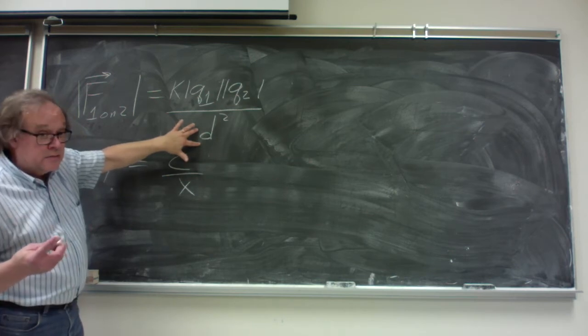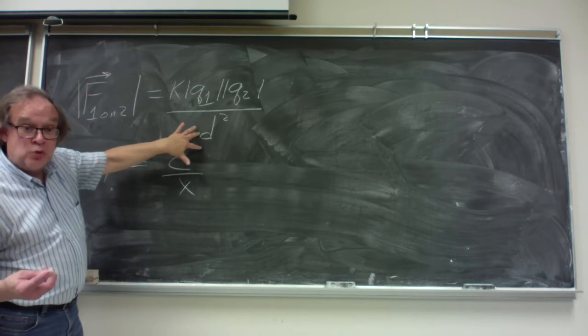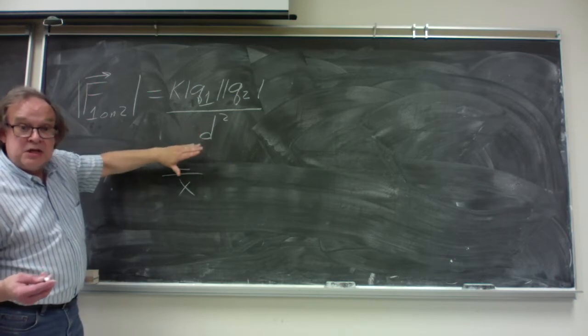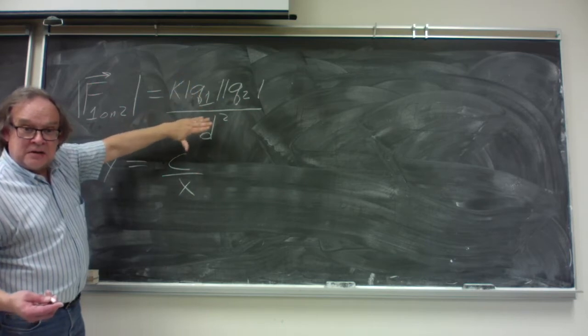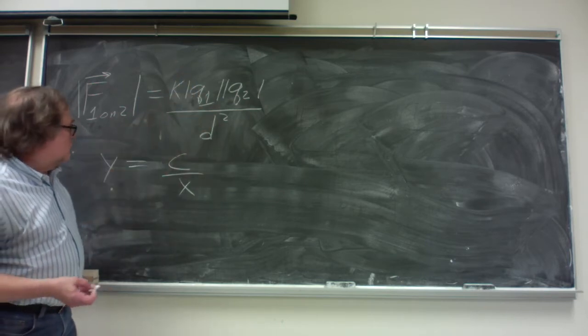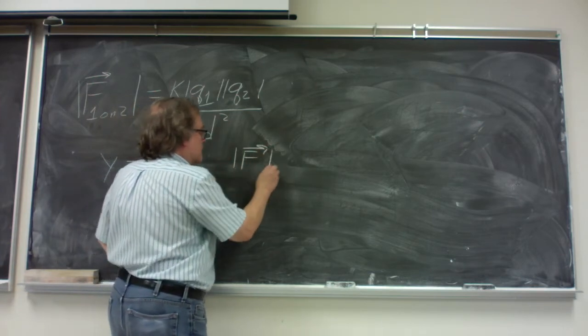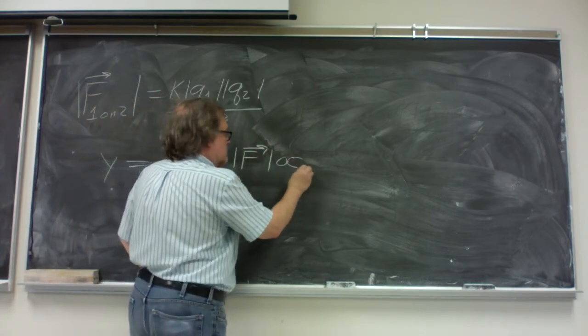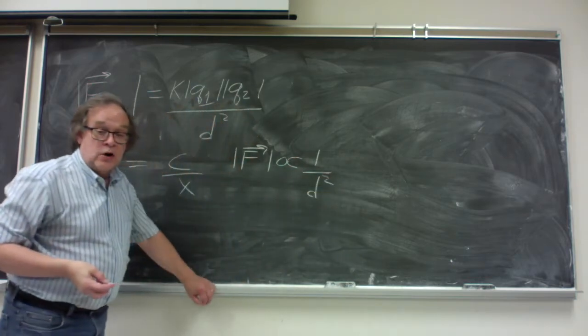Not d, but d squared. Unless you say d squared, you haven't named everything that is not constant on the right side of the equation. So we have a proportionality between the magnitude of the force and the inverse of the distance squared.